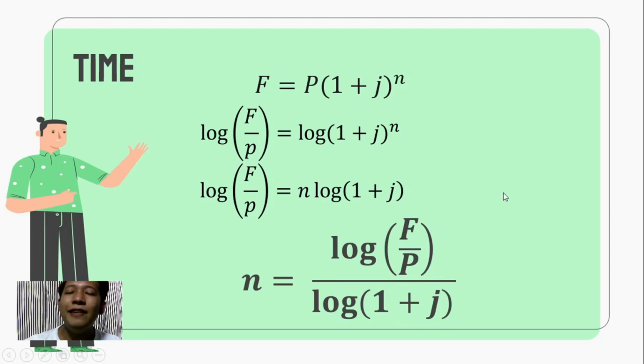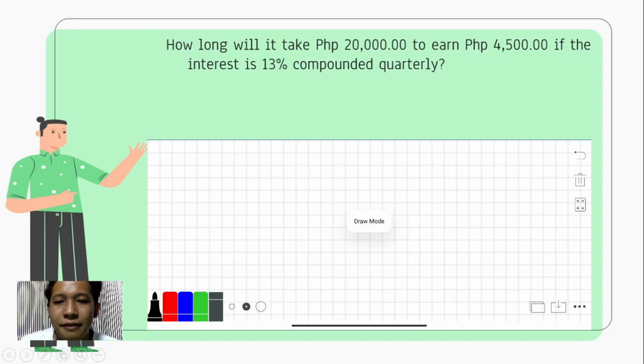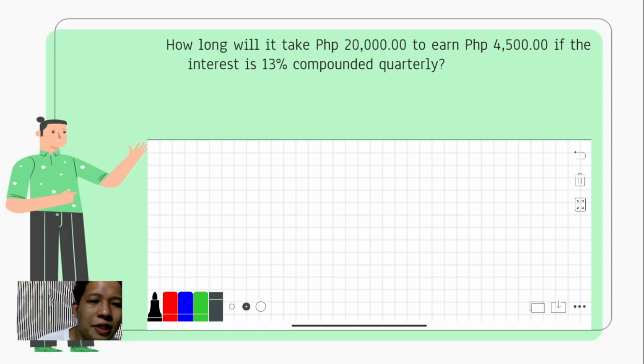Okay, so let us have another example to which we're going to apply this formula. Okay, so we have the next example. Suppose we have this one. How long will it take 20,000 pesos to earn 4,500 if the interest is 13% compounded quarterly?